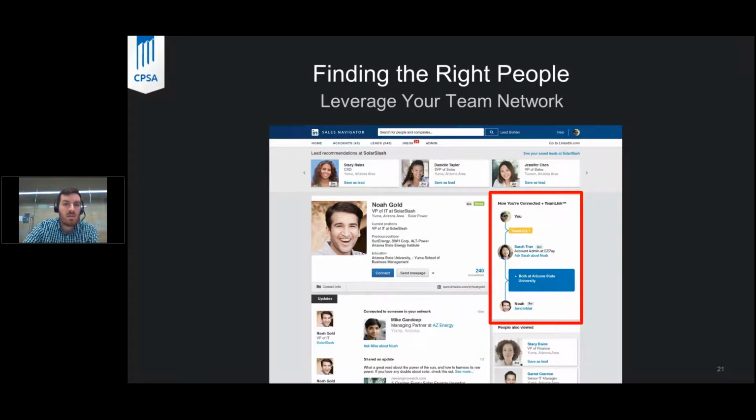It happens countless times. I actually have a colleague that shared a story, it was probably a year ago today, where they were prospecting into a client and really getting nowhere, but my colleague saw that the person sitting to her right was connected to the buyer she was trying to get in front of.